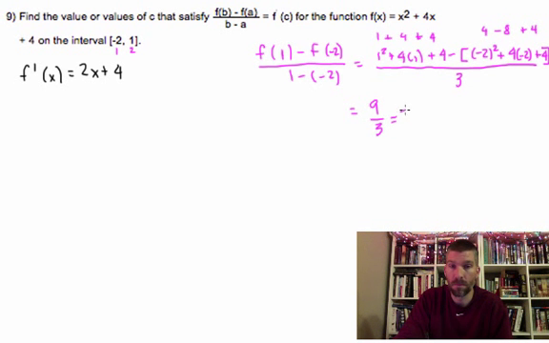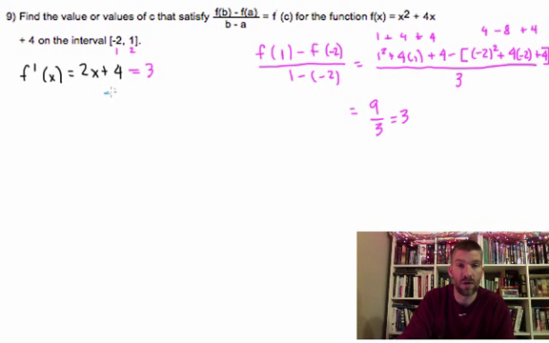or 3. And so what I want to do is set my derivative equal to the slope of a line through the points that have x values of -2 and 1. And this will satisfy our mean value theorem.